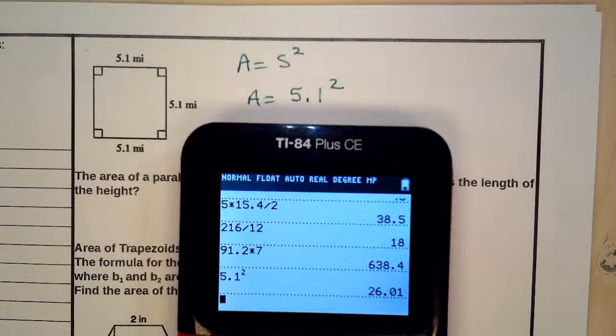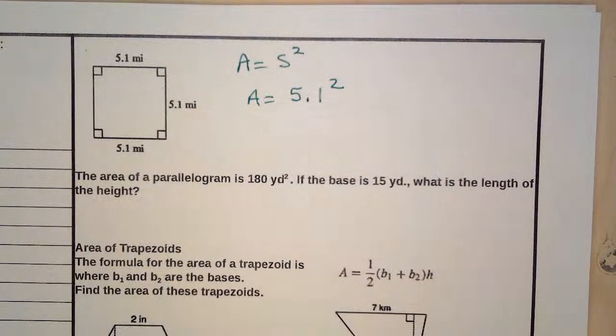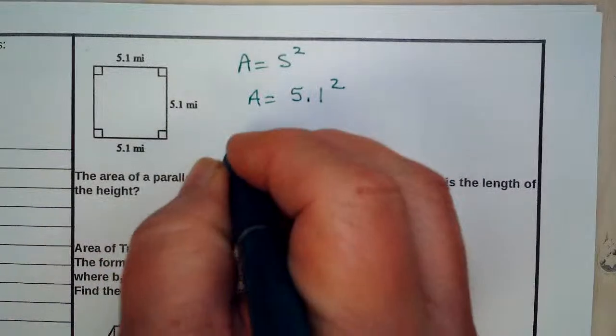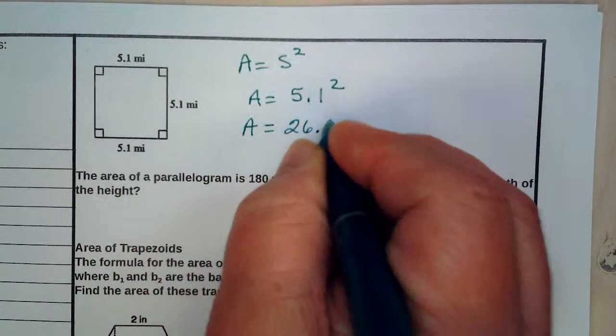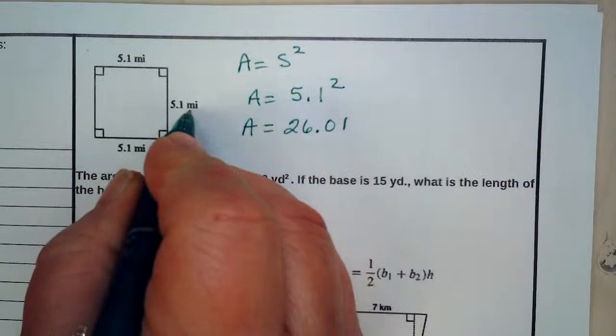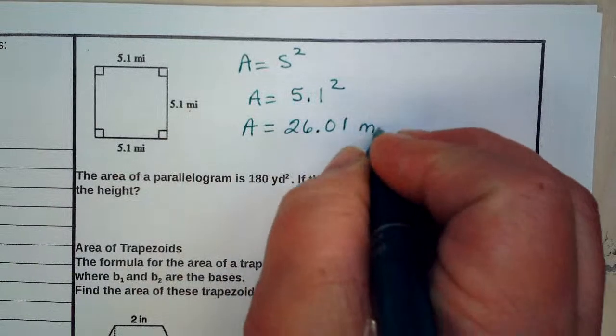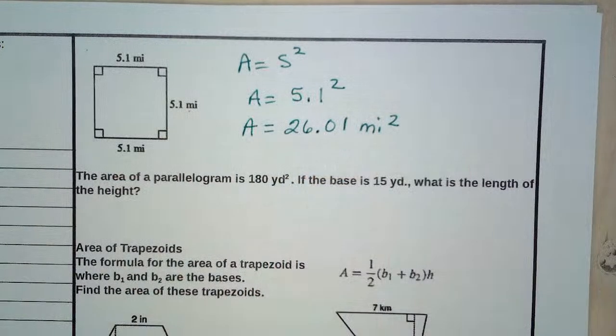Putting it into the calculator, it's 26.01, 26 and 1/100ths. And I'm looking, this is in miles, so this will be miles squared.